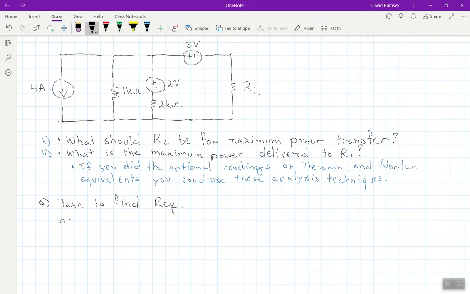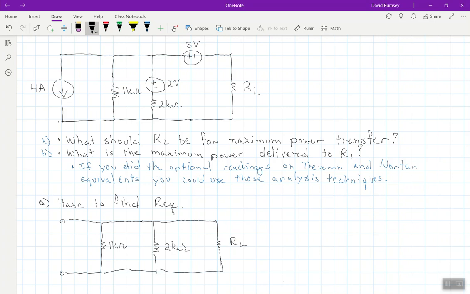So I'd have basically a wire here and a wire here coming to this 1K ohm resistor, and then voltage sources become short circuits, so that 2 volt would become a wire, and I'd still have that 2 kilo ohm resistor. That 3 volt power supply would become a short circuit, so it'd be a wire. And so this is then what RL would be.